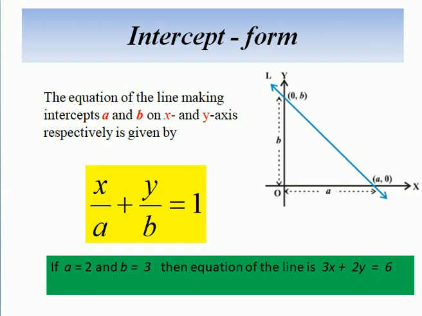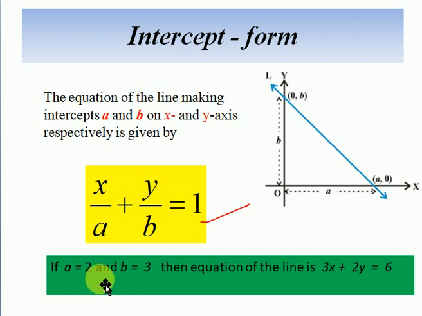Intercept form: if we have two intercepts on the positive direction of x-axis and y-axis, that means on the x-axis we have intercept A and on the y-axis we have intercept B, then the equation of the straight line in the intercept form will be x upon A plus y upon B equals 1.